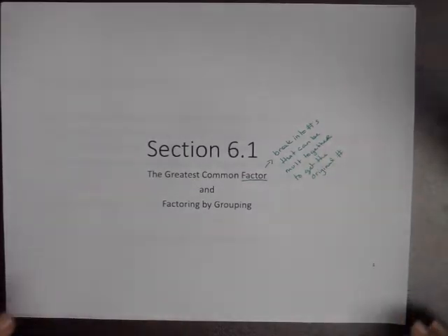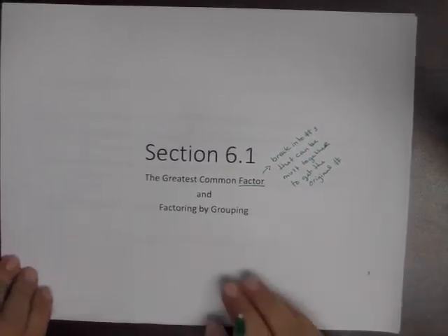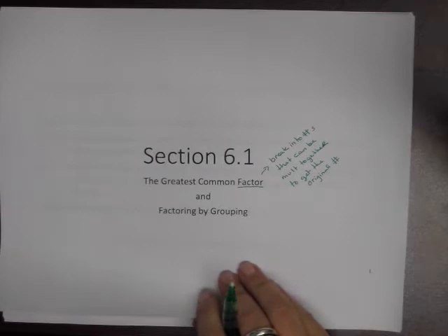Okay, so that's what it means to factor. It's just to break up. So we're going to be finding the GCF today, and we're going to be finding how to factor by grouping.